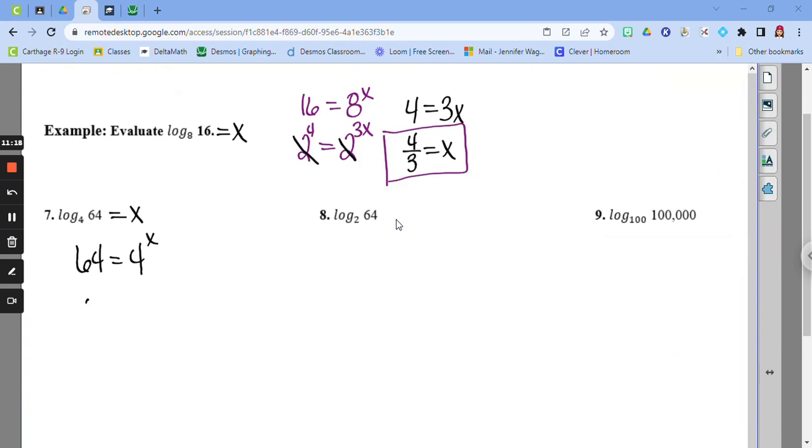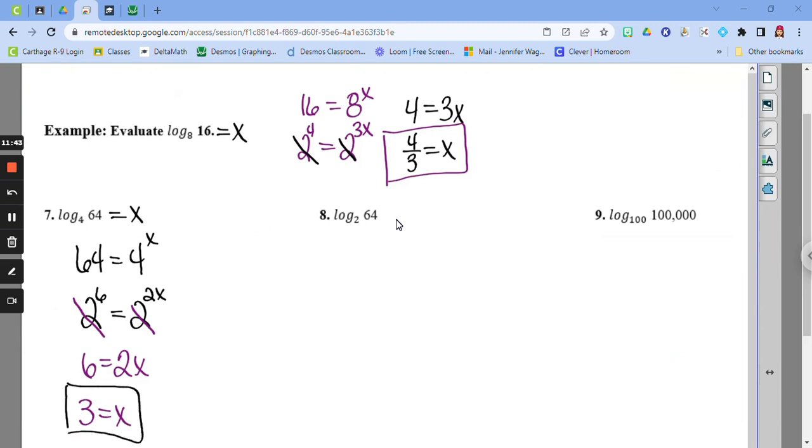So 64 is 2 to the 6th. 4 is 2 squared. Drop the base. 6 equals 2x. Divide both sides by 2. We get 3. See what you can do with 8 and 9.